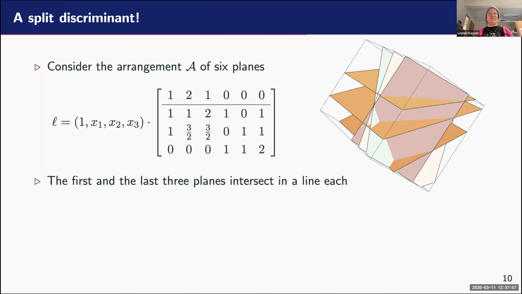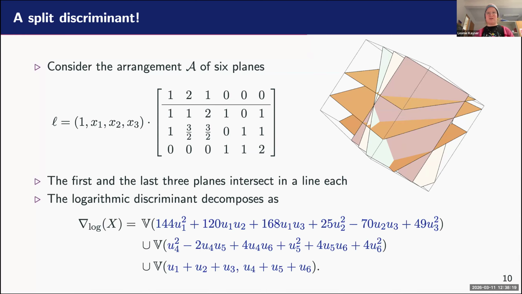If you pick this arrangement of planes in space, and the way that this was chosen is the planes are generic, but the first three intersect in a line and the last three intersect in a line. But other than that, there are no unexpected intersection behaviors. And if you do this and then calculate the discriminant as we did before, the discriminant splits into three components.